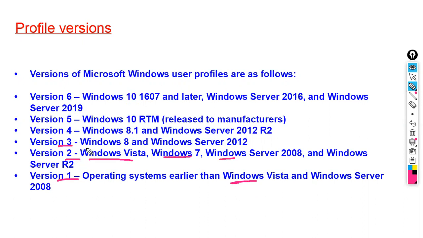Version 3 is supported by Windows 8, Windows Server 2012. Version 4 is supported by Windows 8.1, Windows Server 2012 R2. Version 5 is supported by Windows 10 RTM, released to manufacturers. And version 6 is supported by Windows 10, Windows Server 2016, Windows Server 2019.